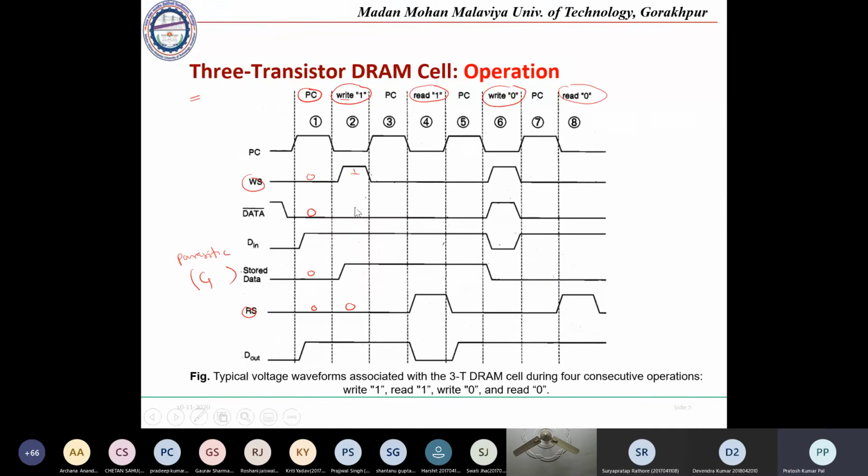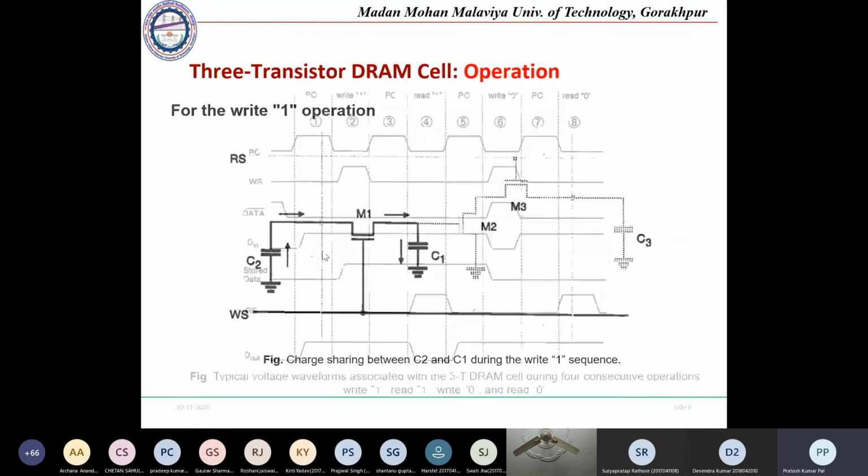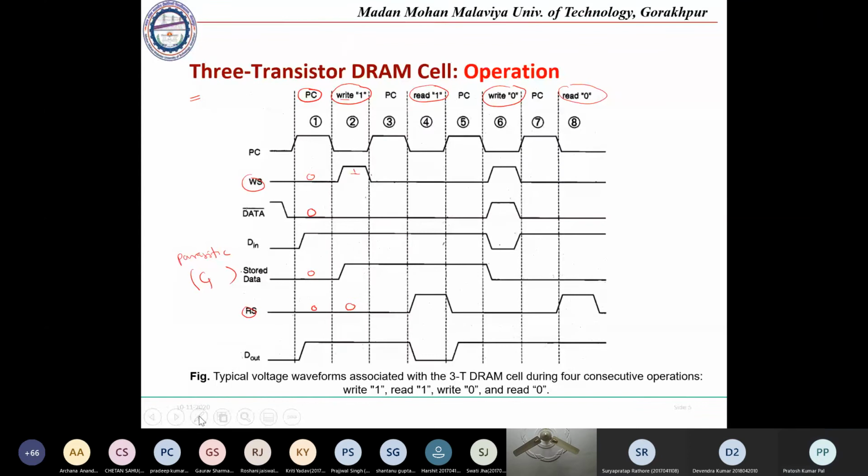At that time, data bar will be equal to 0, because the data in value should not be 0, it should be 1. Once we are writing the data and the M1 transistor is on, the data input will be at VDD, or logic 1, and the stored data will change from 0 to a higher value, that is logic 1.